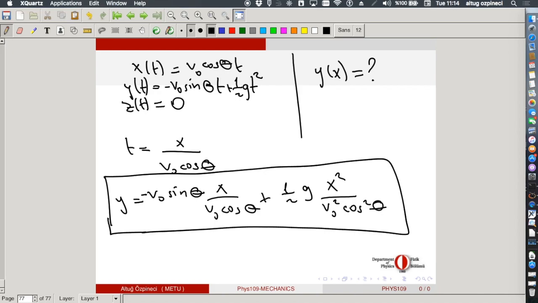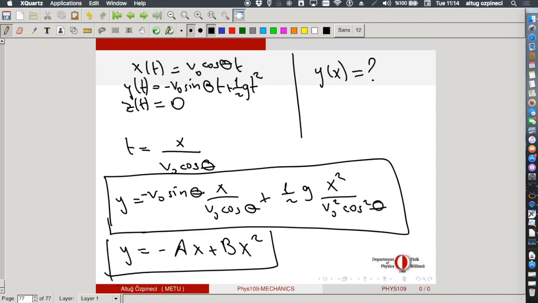Well, basically, y is minus ax plus bx squared, with some constants A and B that depend on the angle theta and the V0. So do you recognize this mathematical shape? It's just a parabola.